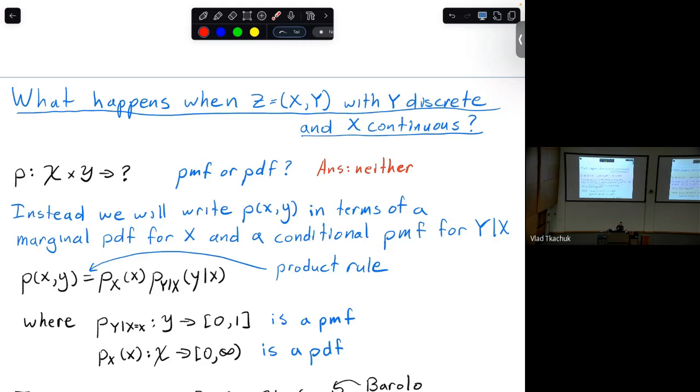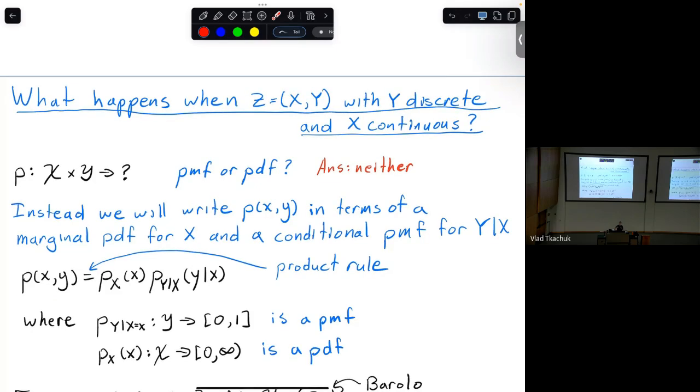If you have any joint thing, some mixed object that I can't really call a PMF or a PDF, it turns out you can still use the chain rule. And that's a claim you're going to have to take for granted. You can still write this object, and it's going to satisfy all the properties you want using this chain rule property.